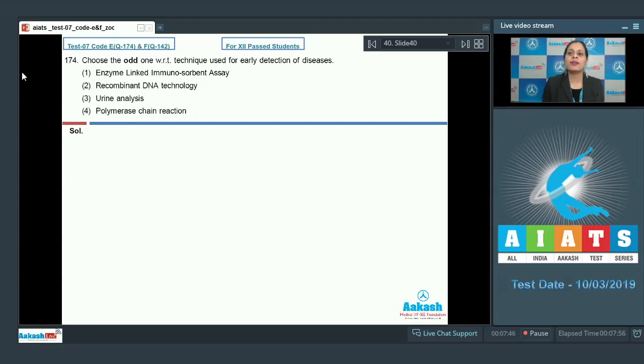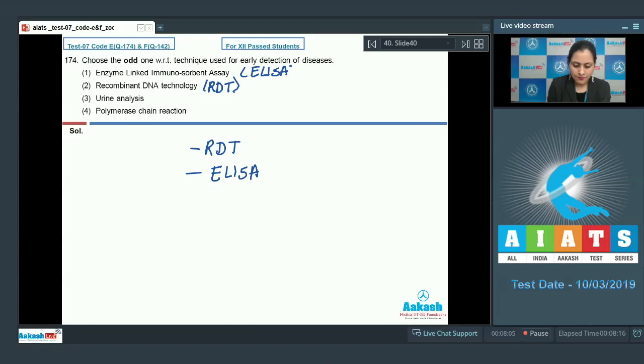And we know that modern methods of diagnosis serve purpose of early diagnosis, which are recombinant DNA technology or RDT, ELISA, PCR, etc. So these are the incorrect options.